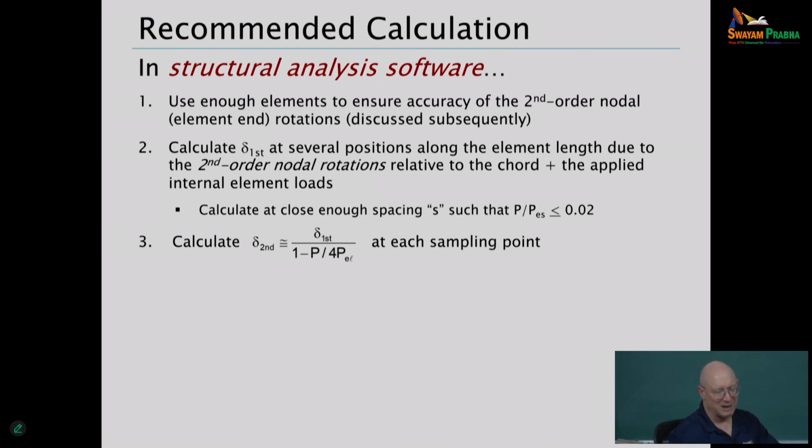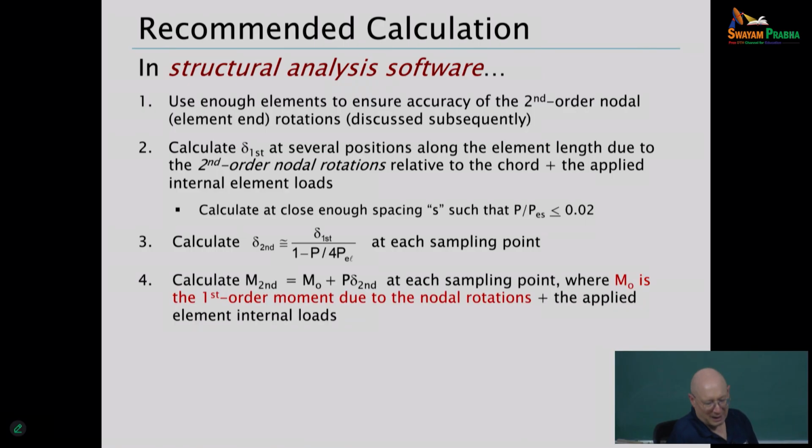Now that you're treating everything as essentially a fixed solution relative to that, which then would have a K of 0.5, giving you a 4 times PEL. And once you have that delta second, you just use the fundamental calculation of M second is M naught, the first order solution between the nodes, plus P times delta second.